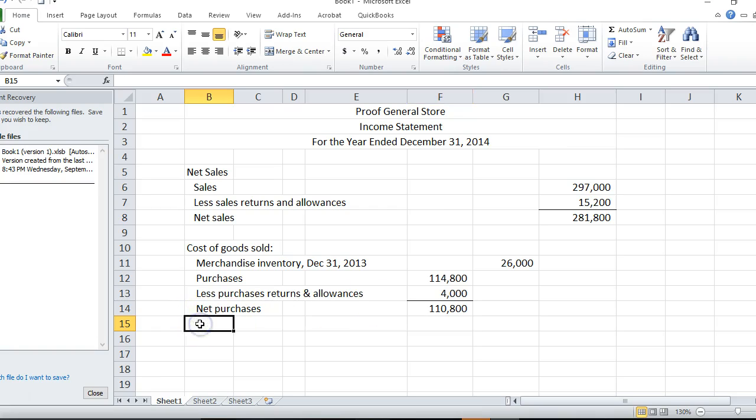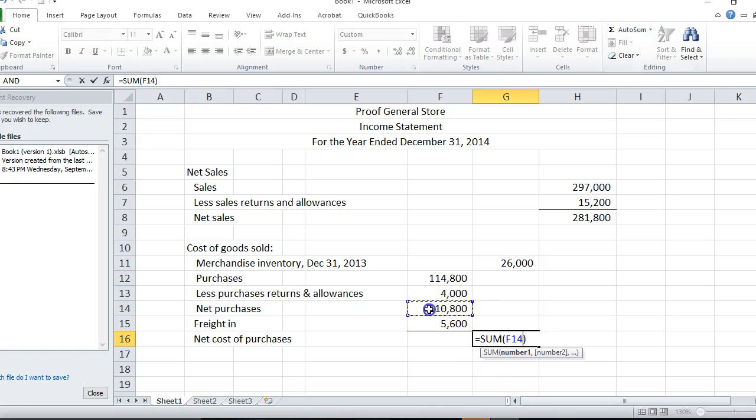Now we need to add to that what we paid for freight. Freight in is how much? $5,600. So what we're going to do here is our net cost of purchases is going to be the combination of the 110 plus the 5,600 is 116,400.